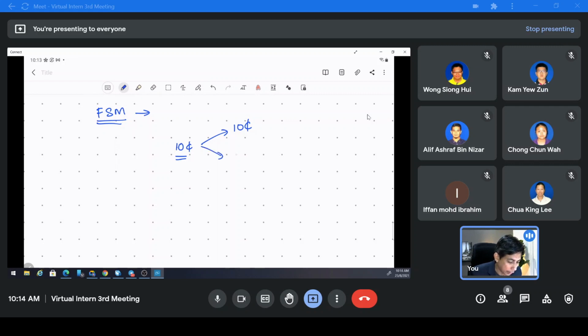Or if we insert 20 cents, what is the action? Or if we insert 50 cents, what is the action?